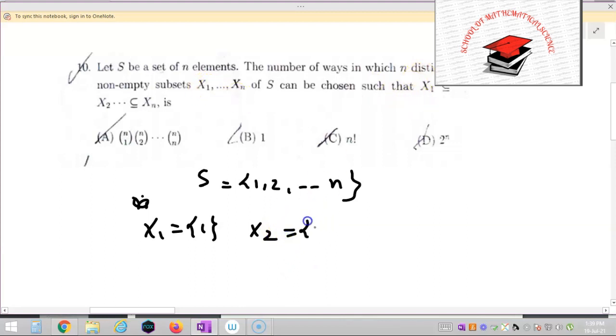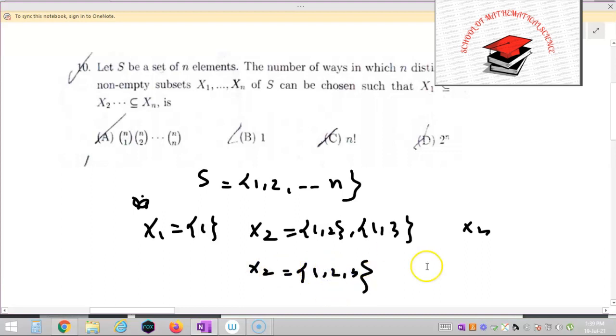So x2 is either {1,2} or {1,3}, or any set that contains 1. But x3 is a set containing 3 elements, and xn is a set containing n elements. Now suppose x2 is a set containing 3 elements, 1, 2, 3.